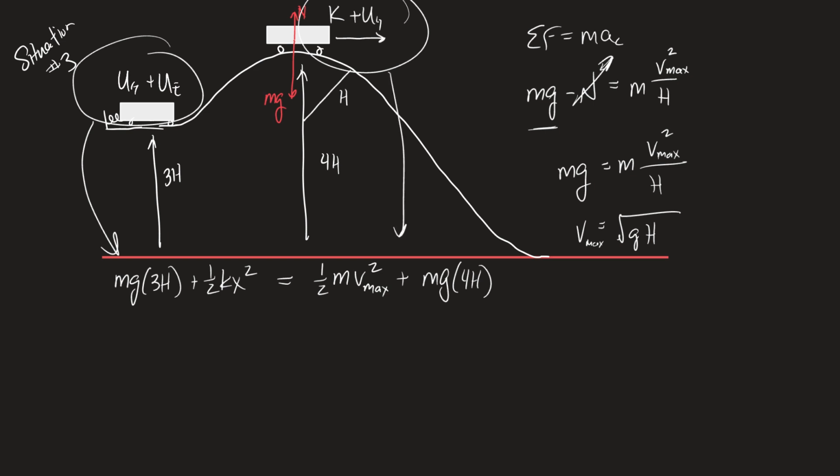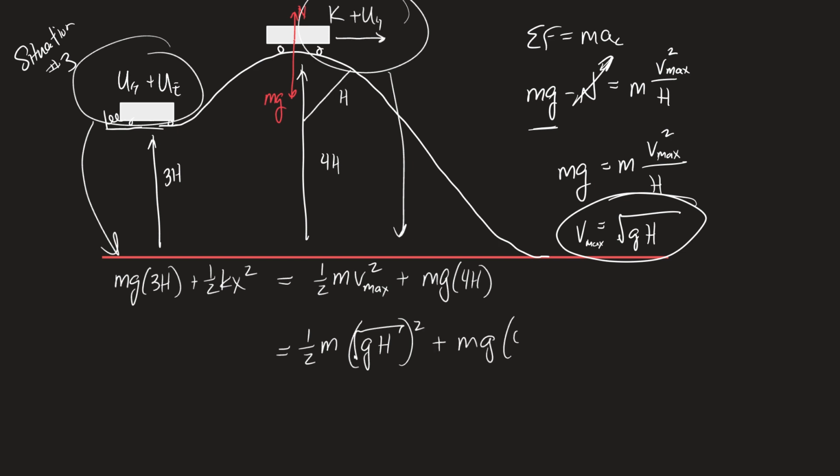Now, we have a substitution to make for v. That's why we solved for Vmax a minute ago. So let's do that substitution. 1/2 times m times gh, plus mg times 4h, all equals mg times 3h plus 1/2 k x squared.